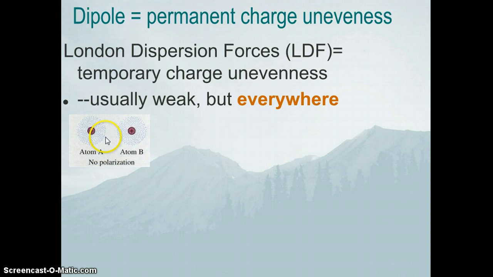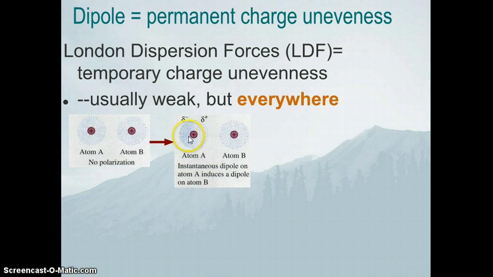So here are our two helium atoms. They have some electrons in that 1s shell and then a positive 2. And then we have another helium atom coming up nearby, and it's also nice and symmetric. It's got its positive charge and its 2 electrons running around it. So what will happen is, at one moment in time, those 2 electrons running around in this 1s orbital might be on this side of the atom.